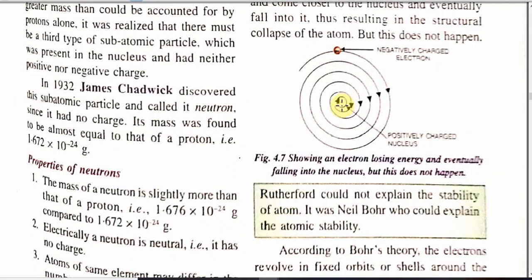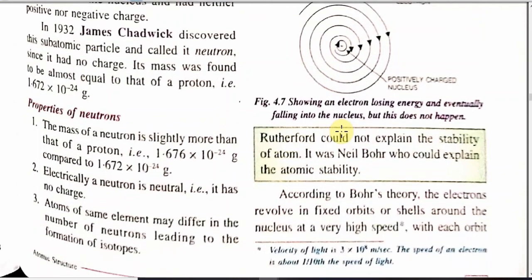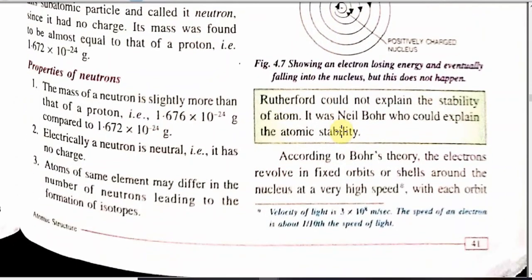Now, students, can you imagine what will happen if electron comes in contact of this proton? That will be a very disastrous condition. Why? Because proton has plus charge and electron has minus charge. When plus and minus meet, they will cancel each other and atom will die.